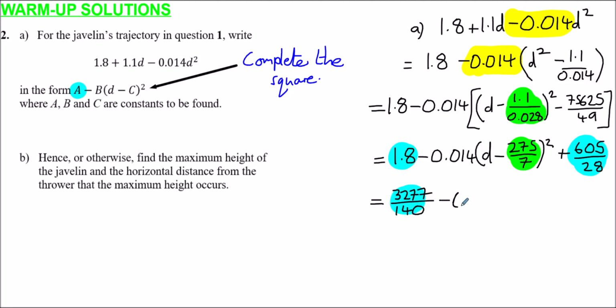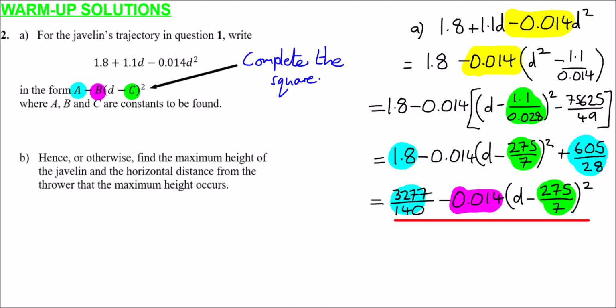I'm going to subtract away 0.014 d minus 275 over 7 squared. And so that minus 275 over 7, that's the C term. D I've got there. And B is just the leading coefficient, which we can see is 0.014. So we've got it sorted now.